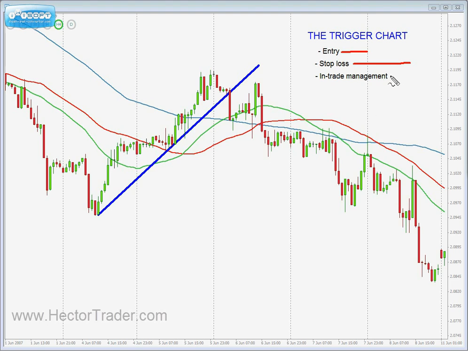Anyway, in-trade management. In-trade management is all about following price in real time, as the chart unfolds, as your trade unfolds, in order to spot possible signals of weakness in your trade, in order to exit out as soon as possible, minimizing your risk, and therefore your potential loss.